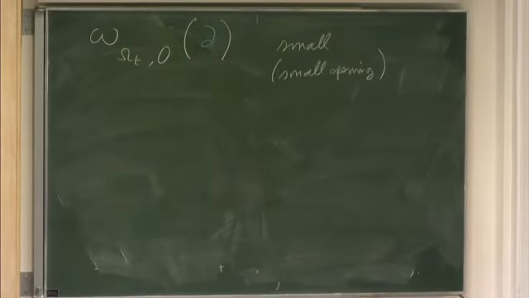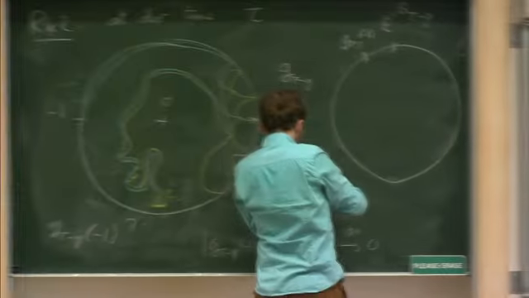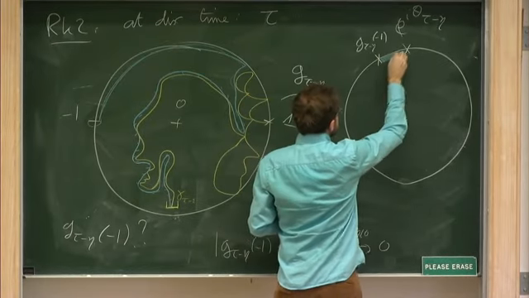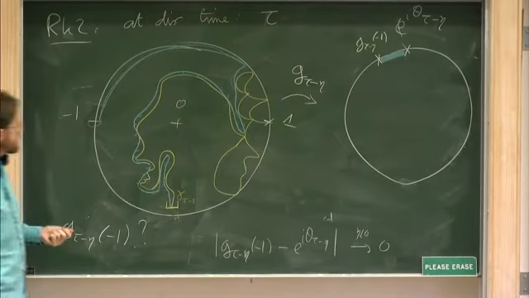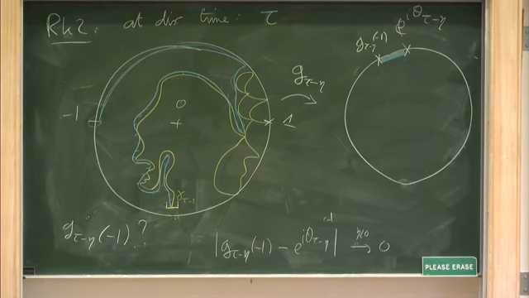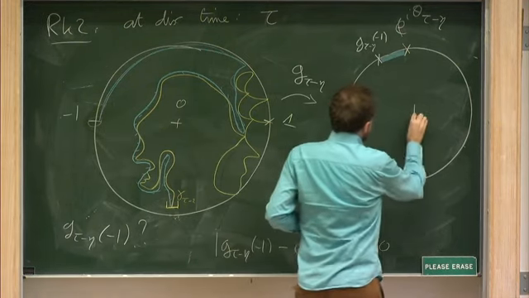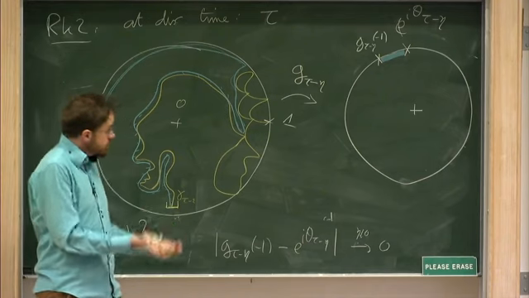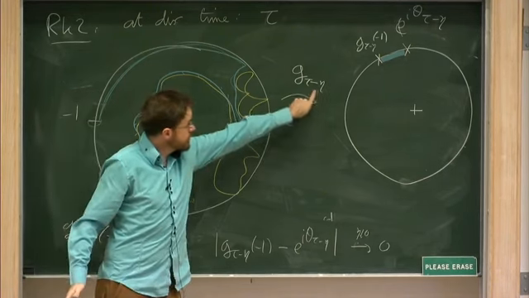But on the other hand, if you look at the image here, so let's do it in the right direction, you turn clockwise to go from this to minus 1. I claim that if you look at g at tau minus eta of minus 1, it's very close here. The reason is that the harmonic measure is conformally invariant, because Brownian motion is conformally invariant, and this is a conformal map.